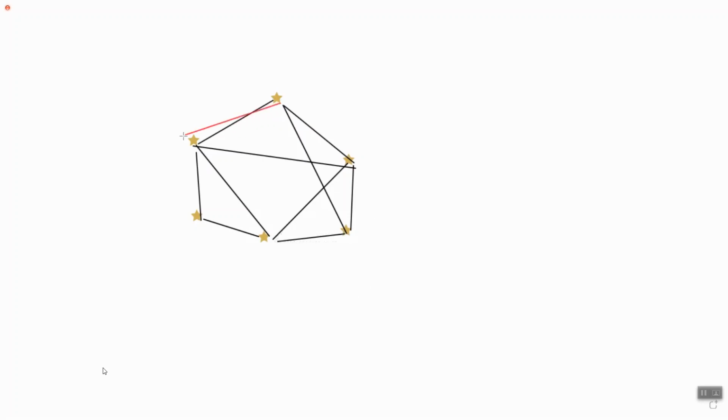That's it. 1, 2, 3, 4, 5, 6. Whenever you select this one, the border is a Hamiltonian cycle. 6 vertices we join by 6 edges. We don't want to use all the edges.